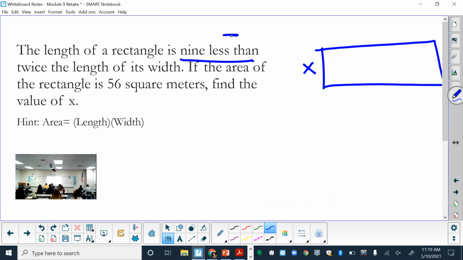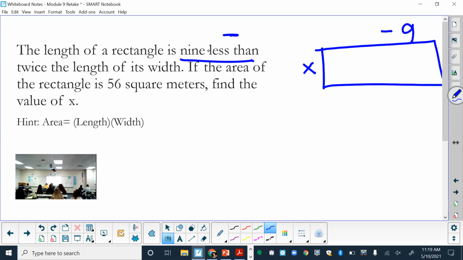Subtraction. Now is it 9 minus or minus 9? If it's 9 less than, does the 9 go on this side or this side? If it's less than, good, it goes over here.